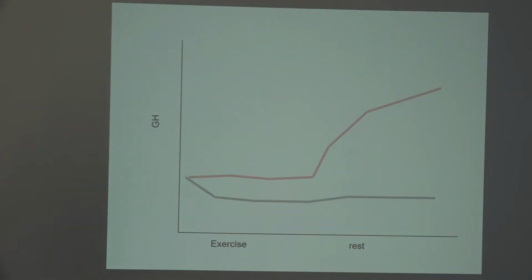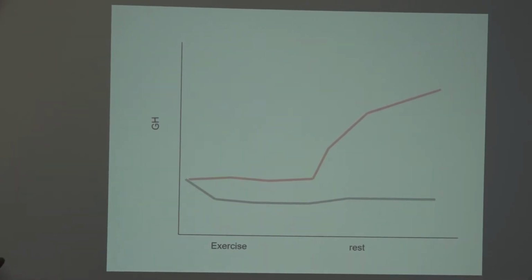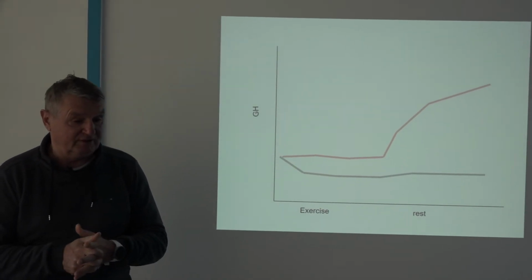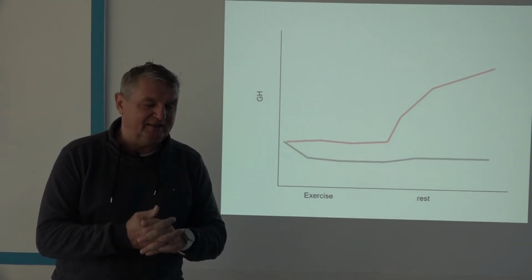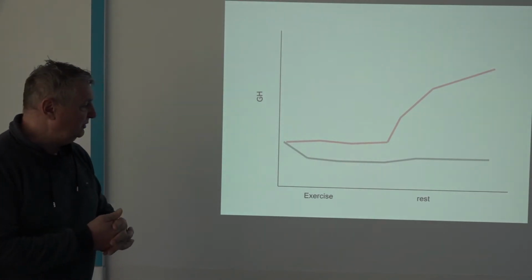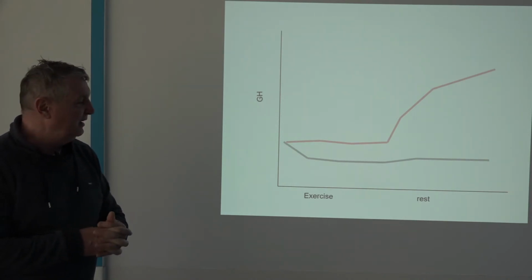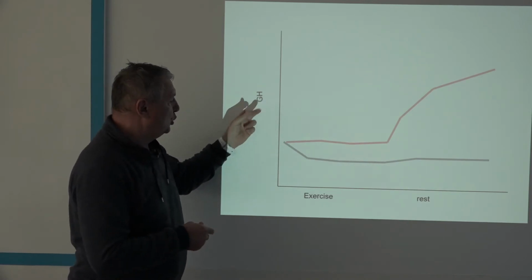Okay, so what happens? As I told you at the beginning, I try to convince you that the intensity of the exercise is the most crucial part of the exercise. Intensity and intensity and intensity. So what I'm going to tell you now is that the intensity of the exercise affects the production of growth hormone.